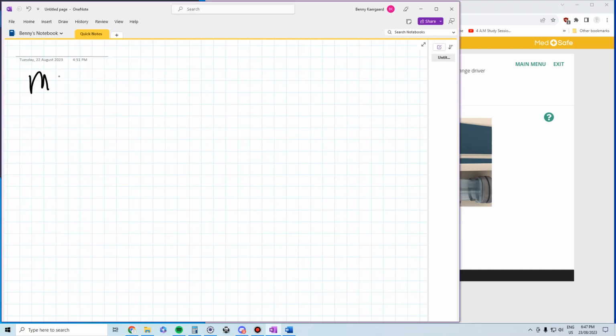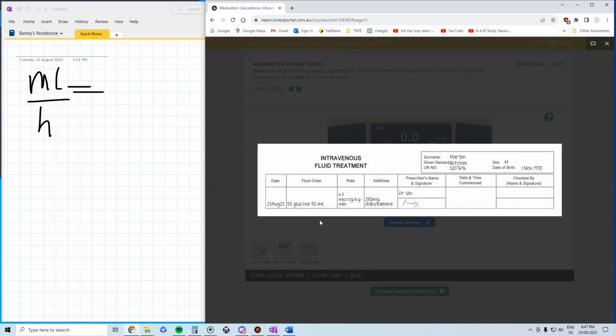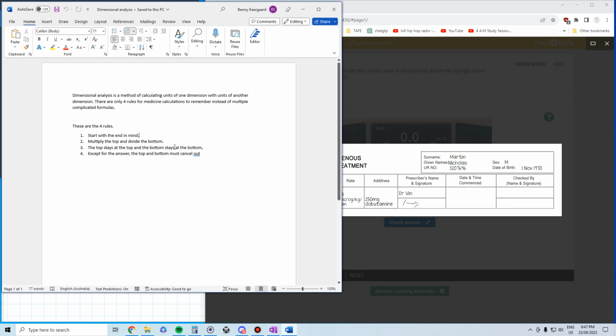We're going to put milliliters an hour here. And remember, the top stays at the top and the bottom stays at the bottom.